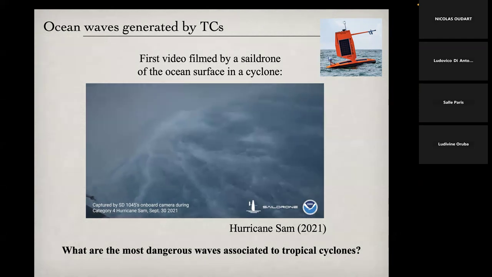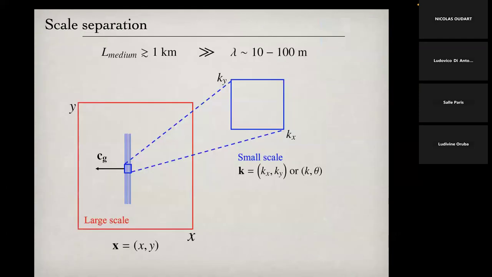And so to do so, we have first a wave forecasting model. Wave forecasting models are based on the WKB approximation. There is indeed a scale separation between the waves and the ocean.